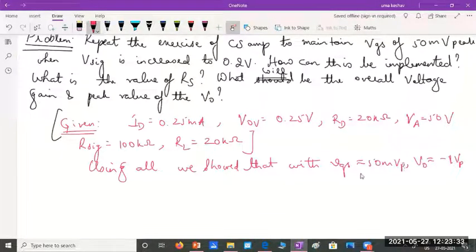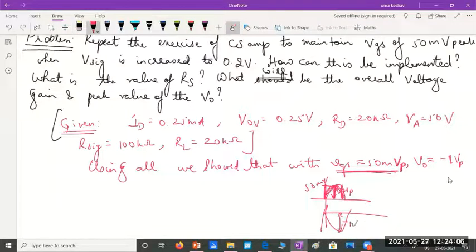If I take 50 millivolts peak, here this VP stands for peak value. When I say peak value, remember we are talking of one side peak value. This is VGS peak. If this sine wave has a one side peak value of 50 millivolts, the output will be in the reverse direction and this peak value was minus 1 volt.